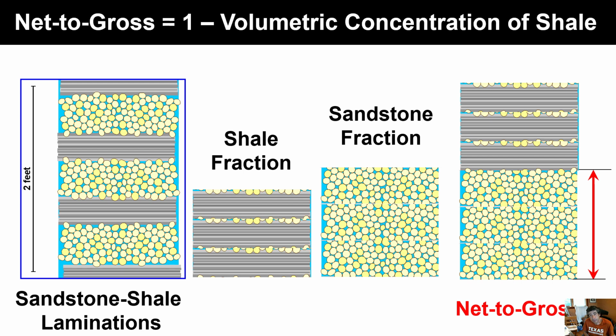We want to know whether they have good permeability and good porosity. Permeability, of course, will be an indication of the grain sizes, and also we want to know if those sandstone layers are saturated with hydrocarbon, what the hydrocarbon saturation is, and what the hydrocarbon pore volume of the rock is.